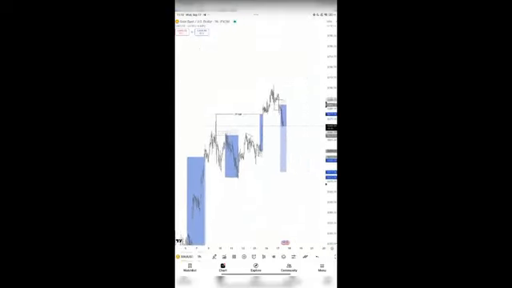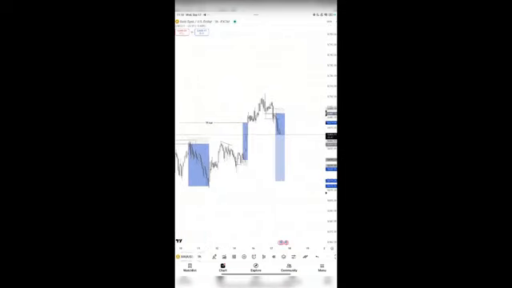If you enter, you are risking that price might still continue the current trend, but you're just risking it because maybe you don't want to miss one of your entries. Like currently on gold, we only took out a liquidity on the 30 minutes.